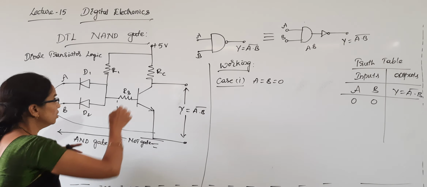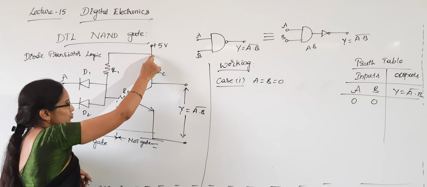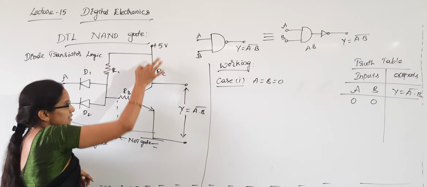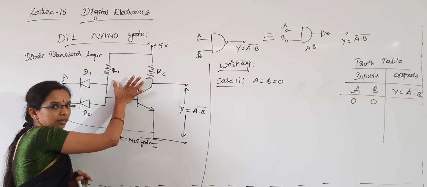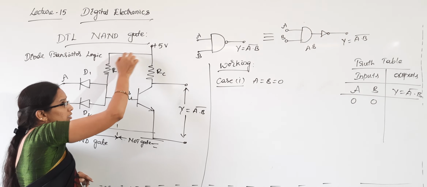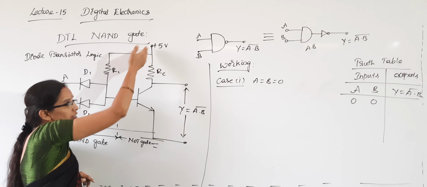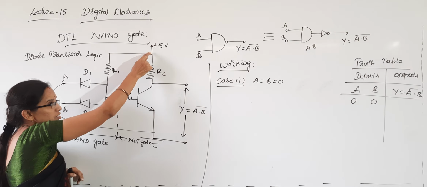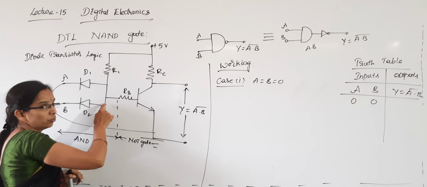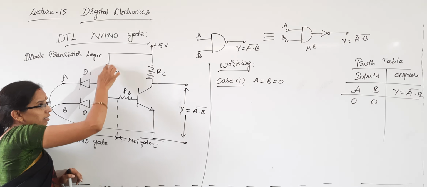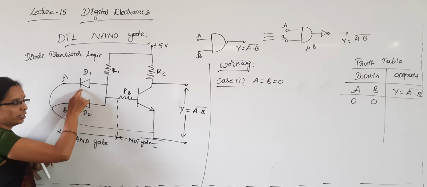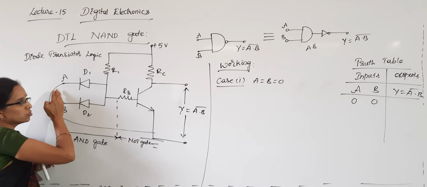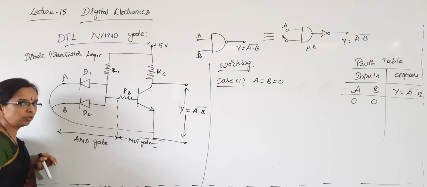Okay. So this 5 volt will be the same across this and this line, because these two look like a parallel connection, right. The same voltage flows in R1 and RC both. Because of this 5 volt supply, whatever current flows through R1, because the two diodes D1 and D2 are forward biased and conducting, the current flows through D1 and D2 to ground.